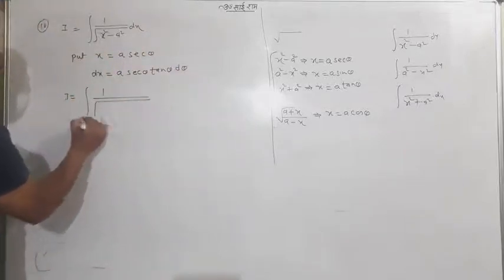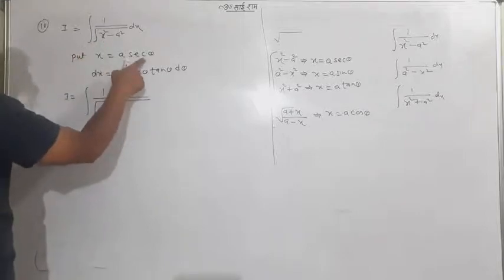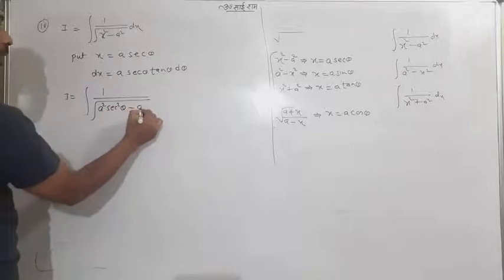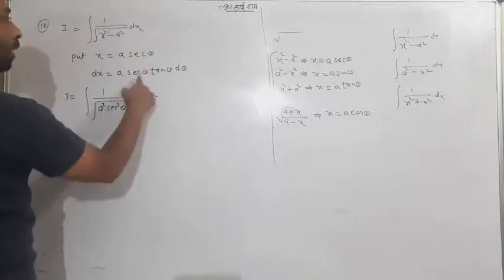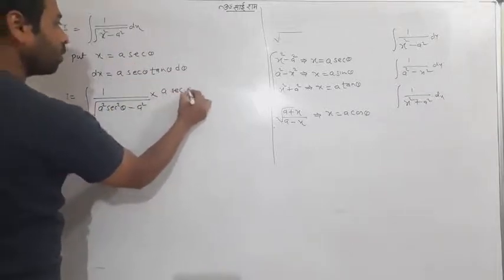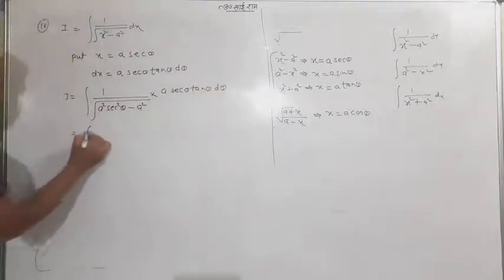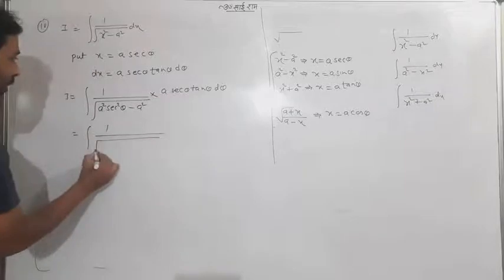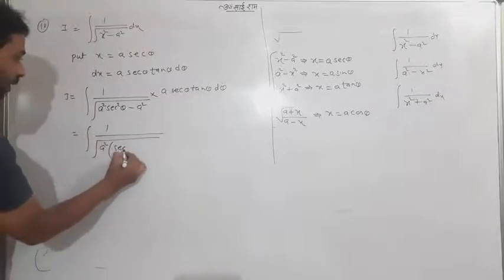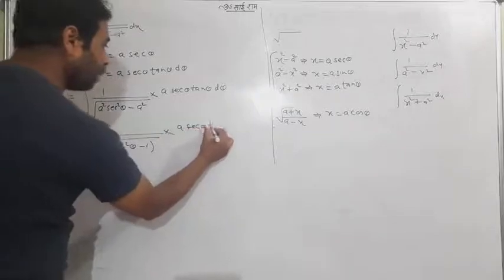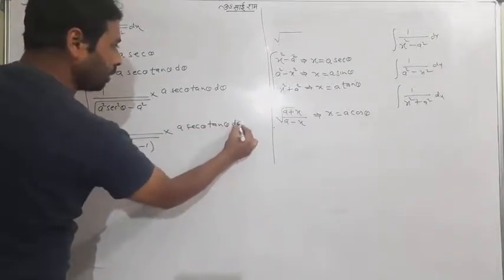Now what will come here? 1 upon, instead of x you will write a sec theta, meaning a square sec square theta minus a square, and dx meaning a sec theta tan theta d theta. What will come? a square will be common, sec square theta minus 1, a sec theta tan theta d theta.